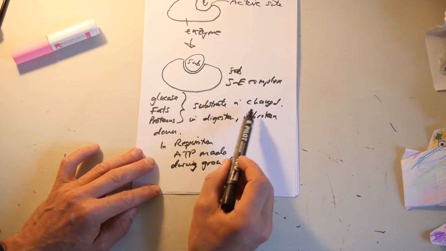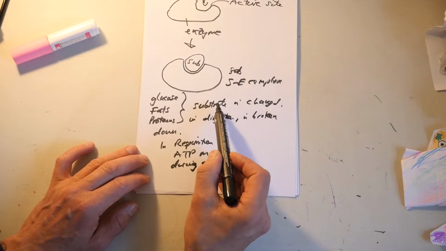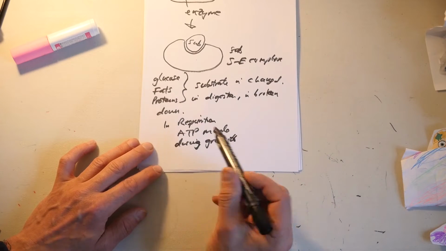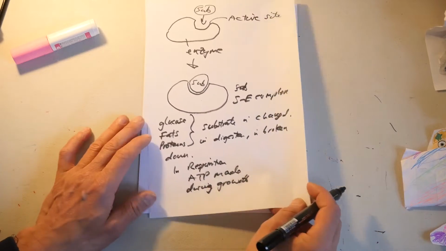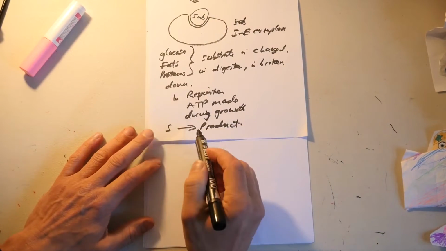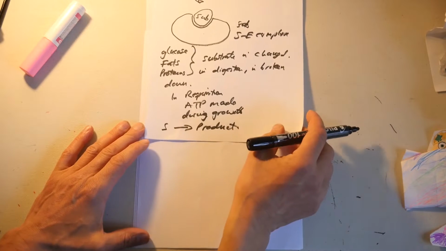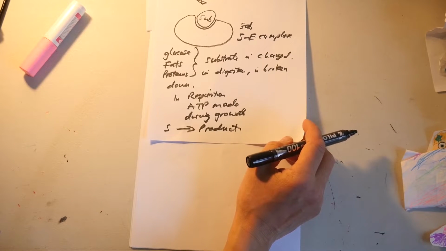In this case, it becomes a product as well. The product's broken down. The product's the broken down part version of that. But you can have a product, okay? So in normal enzyme reactions, substrate is converted to product, okay? In various parts of different biochemical processes in the body.